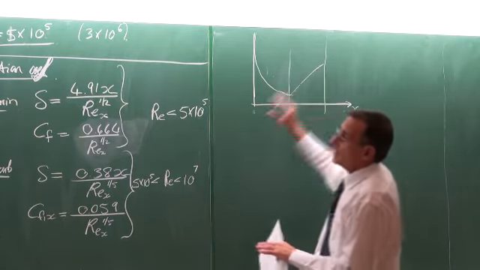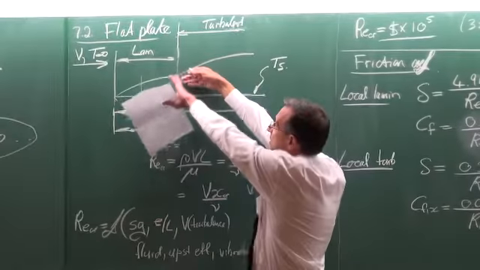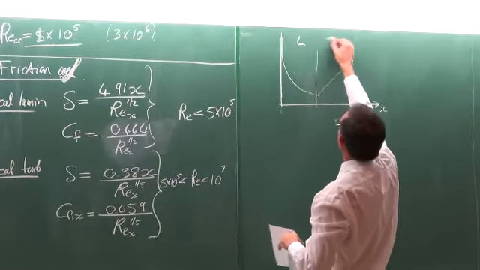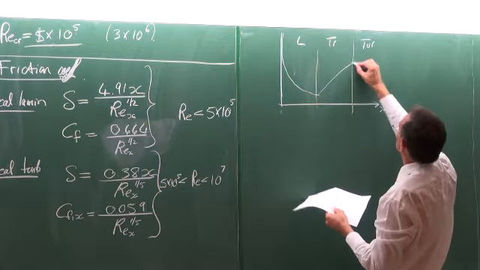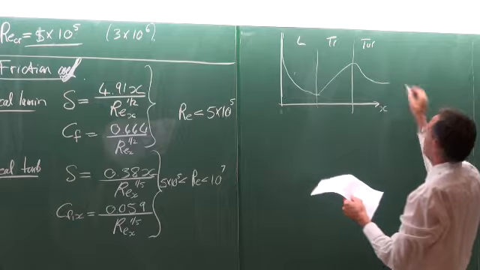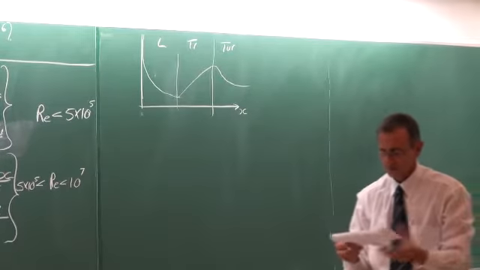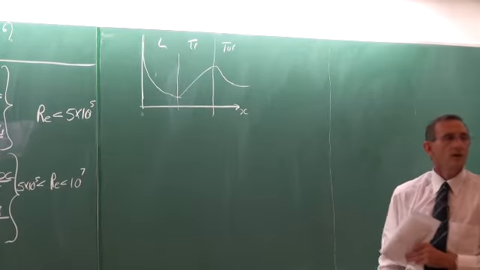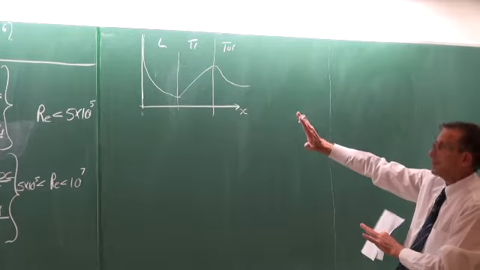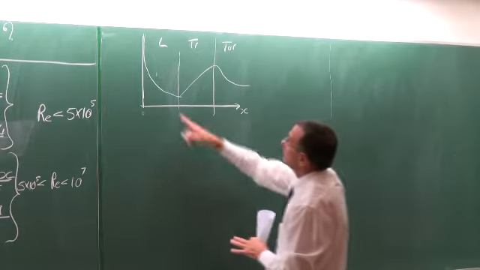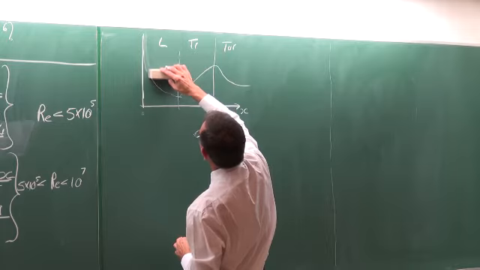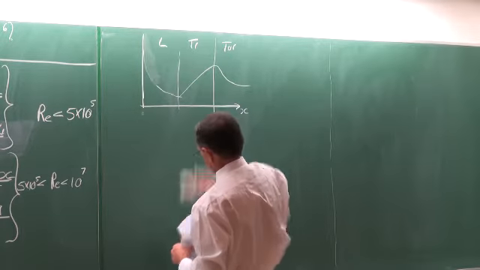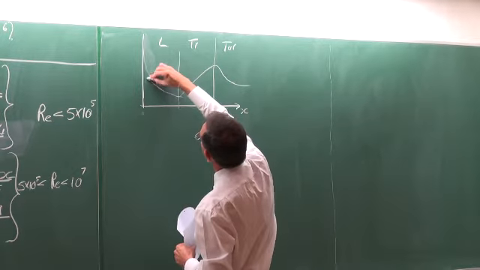Okay. Now, although previously we've put everything together, I'm just opening it up again. So that is laminar, that's transition, and that is for turbulent flow. And then it would do something like that. Okay. So although my sketch is not that good, in practice if we do experiments, it is more something like that.